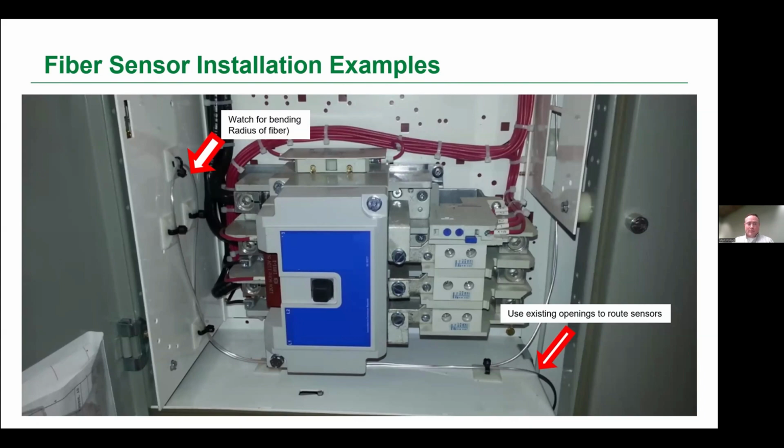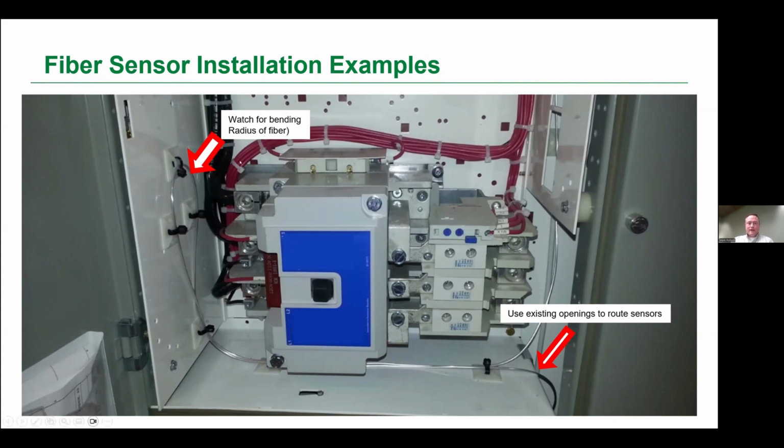The normal recommendation would be to try to have line of sight to the areas where you are most concerned about the arc. So here we would like to have line of sight to the terminals on the line and load side, as well as where there are other cable connections to the bus and things like that. The fiber sensor does make it flexible, so that you can cover those with a minimum number of sensors.